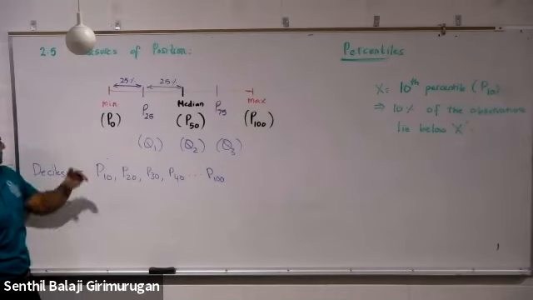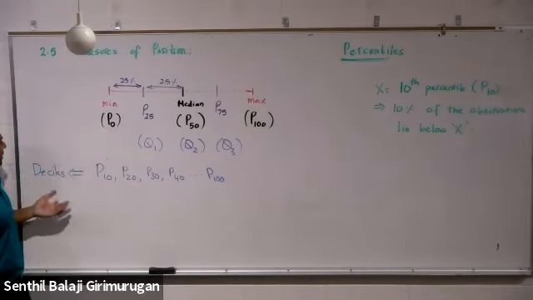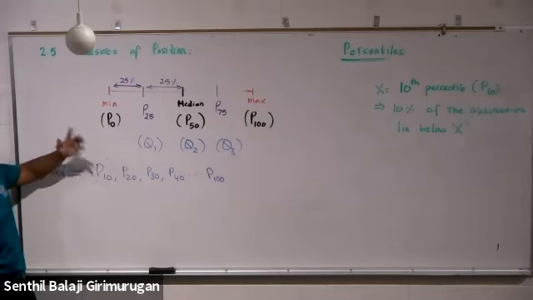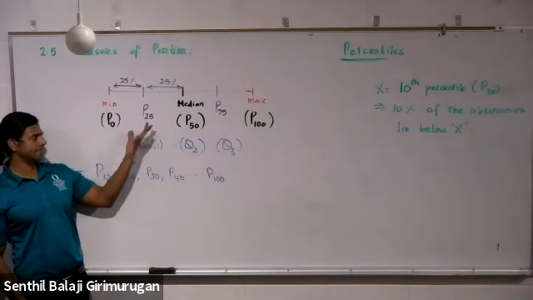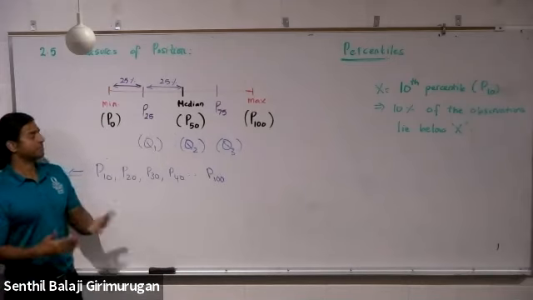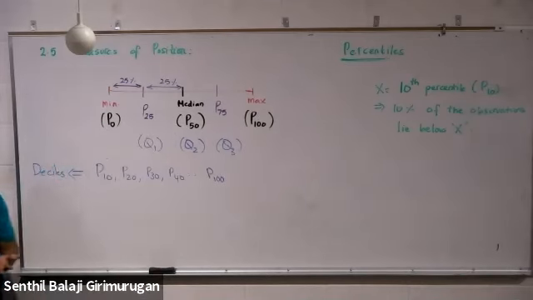But you don't have to know deciles and quintiles and all that. All we need is quartiles and a percentile, because a percentile is more accurate in the sense I could say P63.5, that would imply 63.5% of the observations would lie below it. Does that make sense?